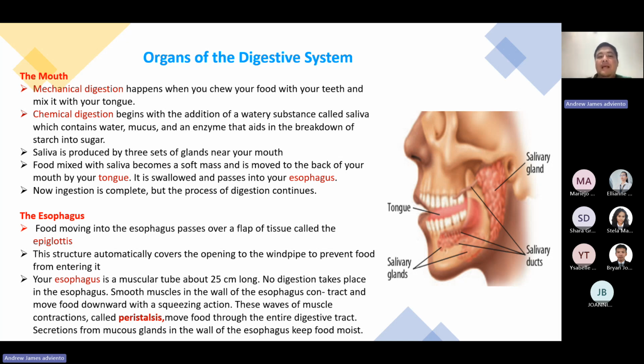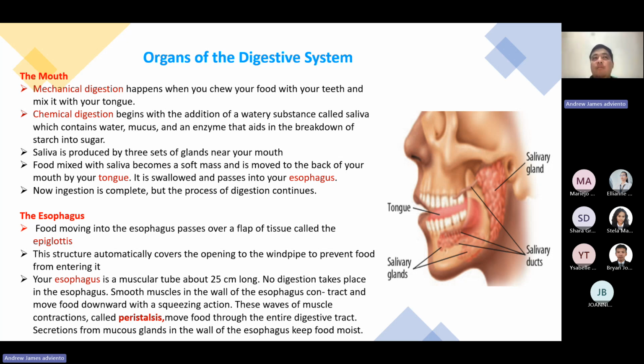At the same time, it actually does chemical digestion sa mga glucose, for example, carbohydrates na kinakain natin. So the carbohydrates that we are eating like rice, bread, pasta, kapag kinain mo yon, habang ninunguya mo siya sa bibig mo, you're actually also digesting it chemically.